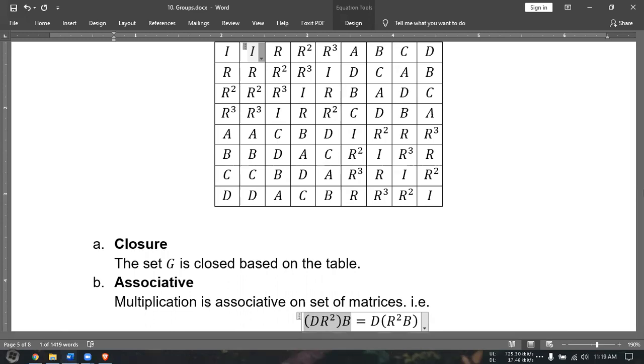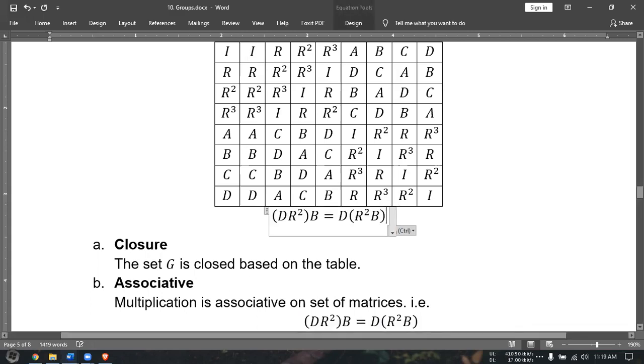We have D times R squared times B. By associativity, is it equivalent to D times the quantity R squared times B? Kasi I need the table. Okay, test natin.